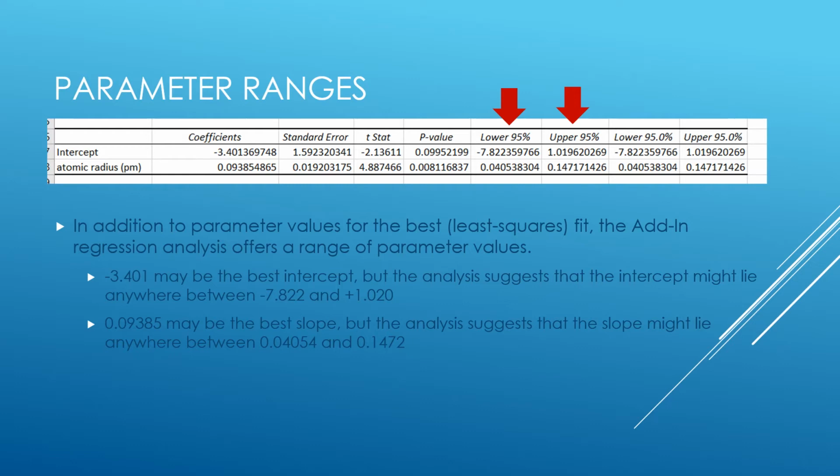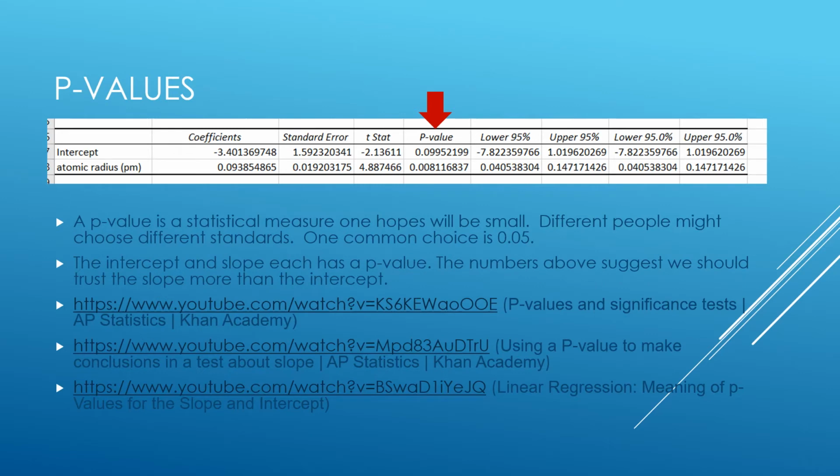For instance, the best intercept was minus 3.401. But we see here a possible range of intercepts from minus 0.7822 to a positive 1.020. And similarly, it gives us a best slope and a range of possible slopes. One of the quantities given in the regression analysis is the p-value.